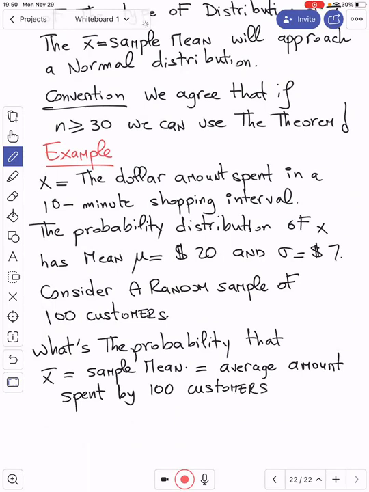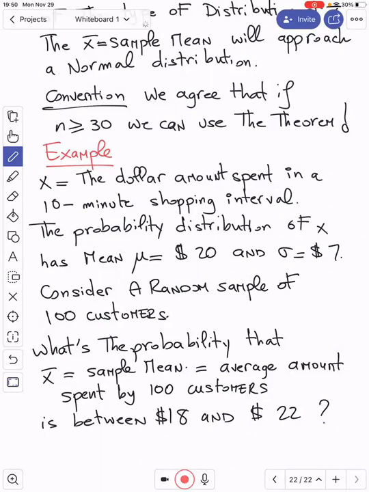So what's the probability that this x bar is between $18 and $22? What's the probability that the average amount spent by 100 customers is between $18 and $22?